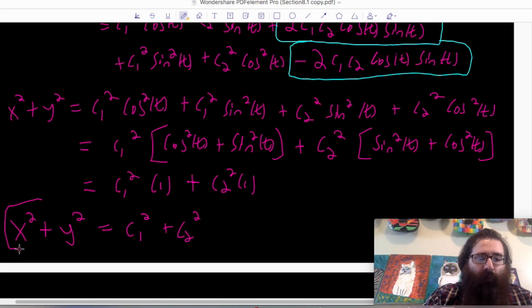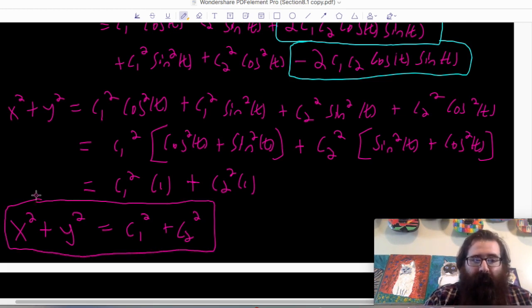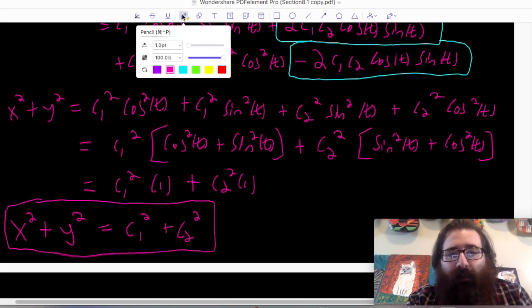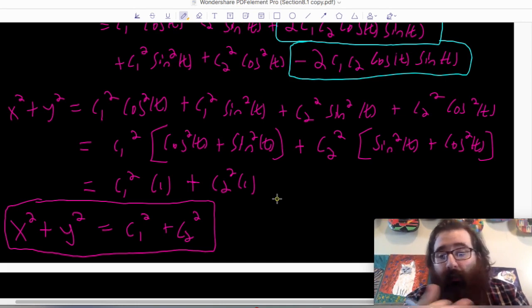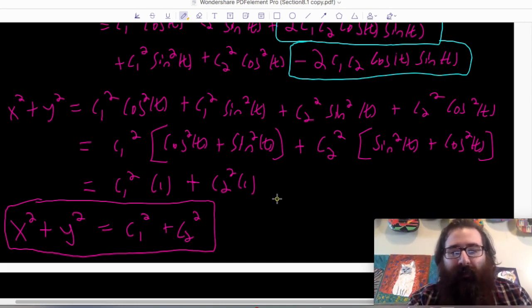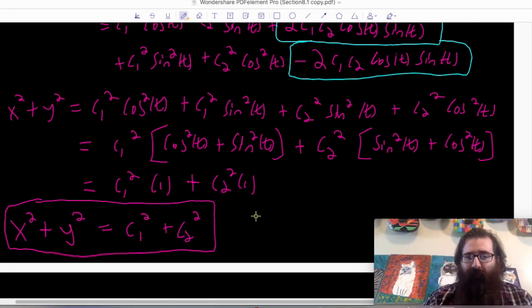Now that's not even where we're going to stop with this necessarily, because I want you to think of it this way. C sub 1 is just a number, so c sub 1 squared is just a number. C sub 2 is just a constant, so c sub 2 squared is just a number. And a number plus a number is just a number. So in a very general sense, we have x squared plus y squared equals k.